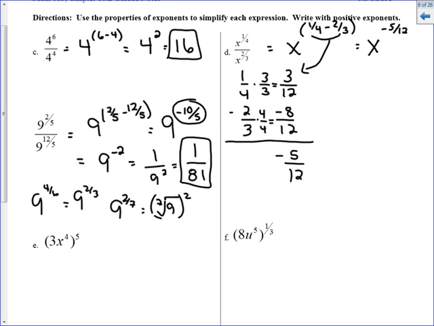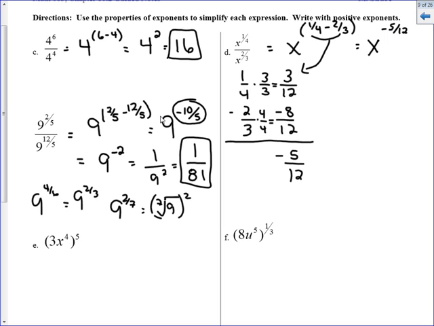What's the second part of our directions say for our problems? What do our directions say? Right, with positive exponents. So none of our final answers, according to our directions, should have a negative exponent with them. So how am I going to make x to the negative 5/12 have a positive exponent? Just put the base under 1.